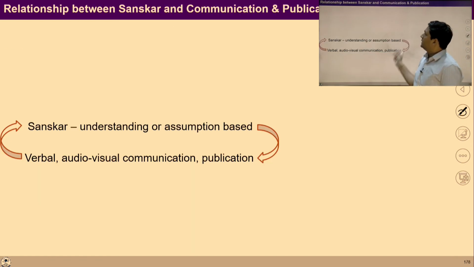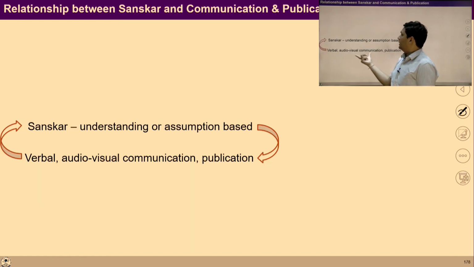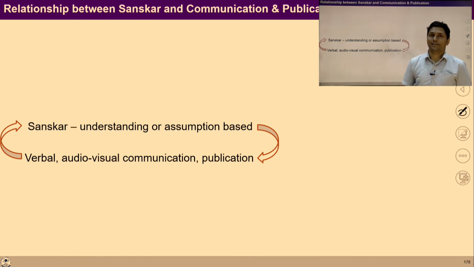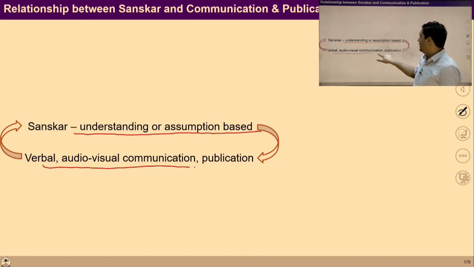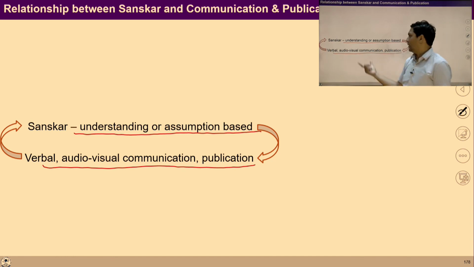So basically, what is the relationship between sanskar and this communication? Sanskar is basically our understanding or assumption about the realities, and for this we use various types of communication: verbal communication, audio-visual communication, printed media, to convey our acceptance, to convey our understanding to the other.